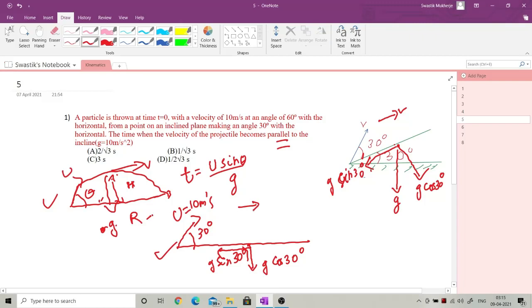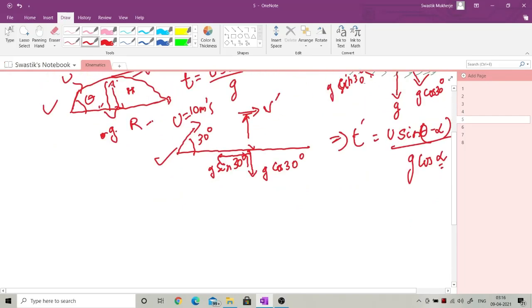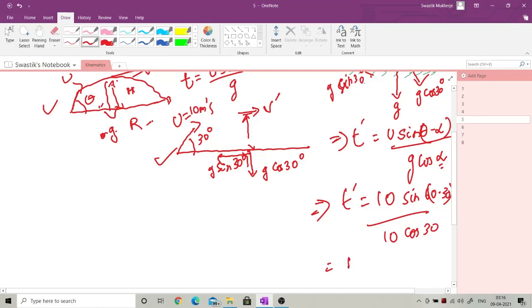Now you can apply the same logic here: t dash equals u sine of theta minus alpha, where theta is 60 degrees and alpha is the angle of the incline, by g cos alpha. That is 10 sine of 60 minus 30 by 10 cos 30, which is 1 by tan 30, which is 1 by root 3 seconds.